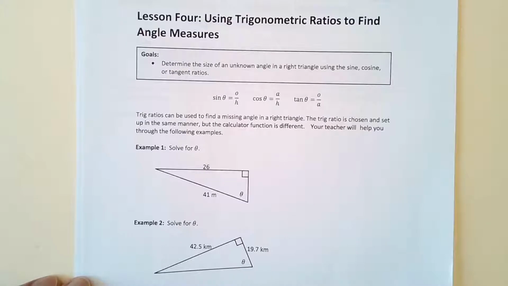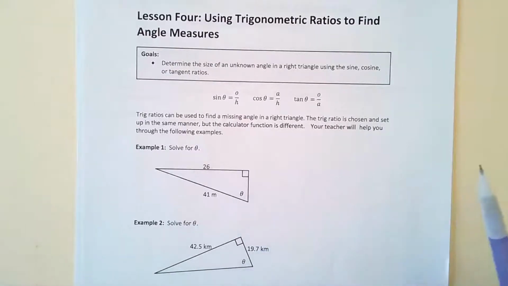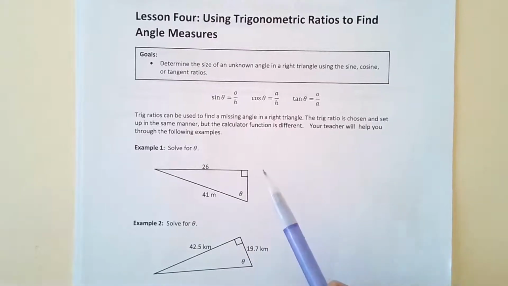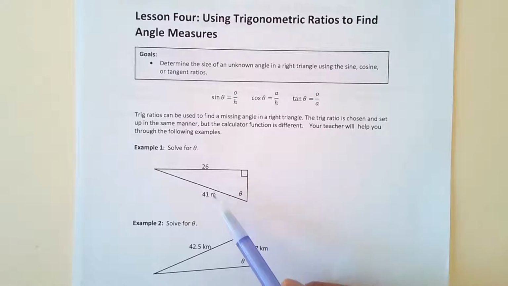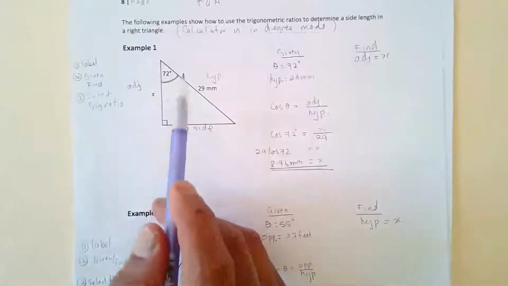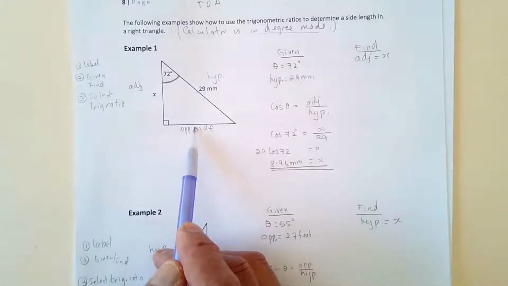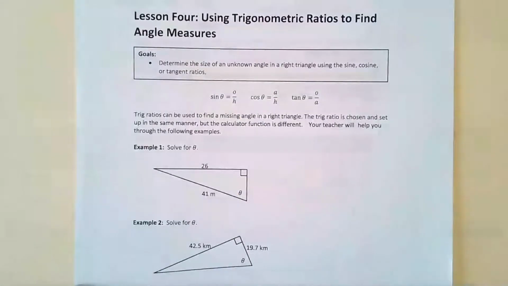So we were finding sides yesterday. Today, we'll be focusing on finding angles. We can also find the side lengths, but mainly today we're looking at when we're given the measurement of two sides, find the angle. As compared to yesterday, we were given the measurement of the angle and one side to find the side length. So we'll step up.